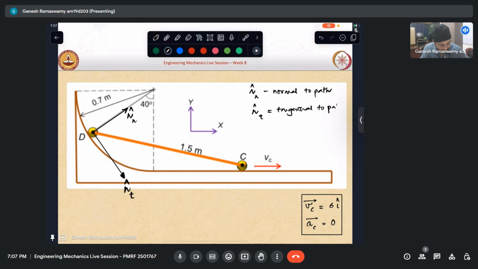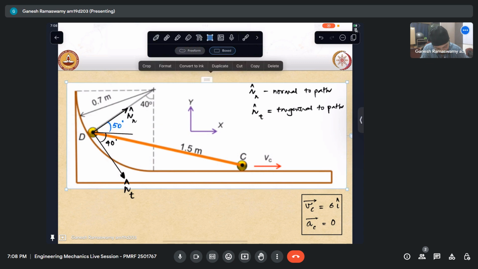Now I know that this angle is given to be 40 degrees. So I can clearly see that this angle is also 40 degrees. And then this angle is 50 degrees from the geometry of the problem itself. So this much I know.